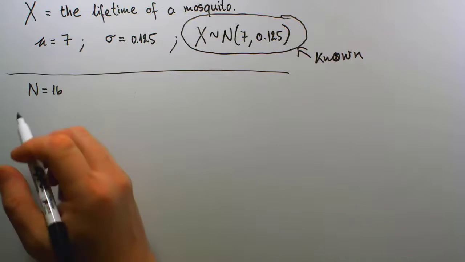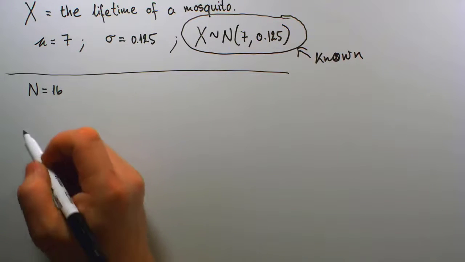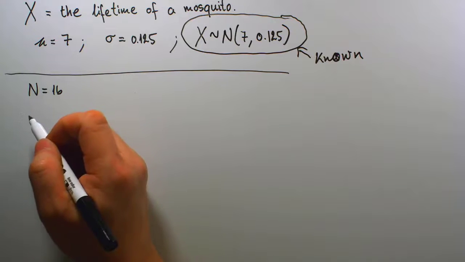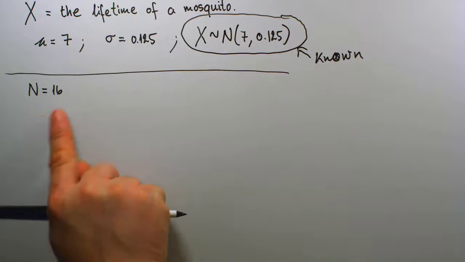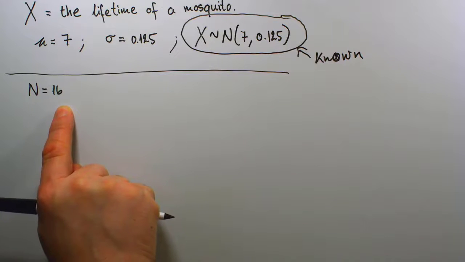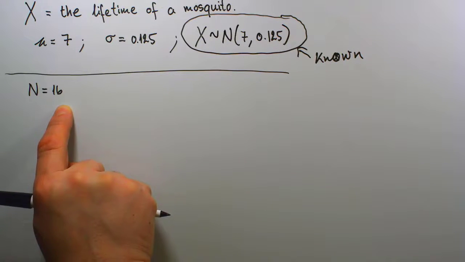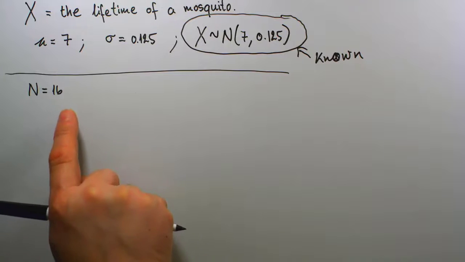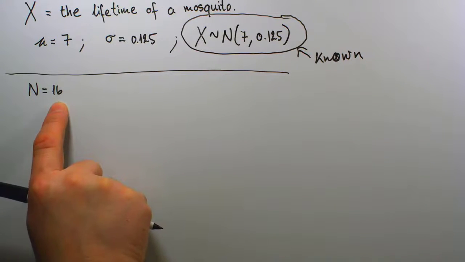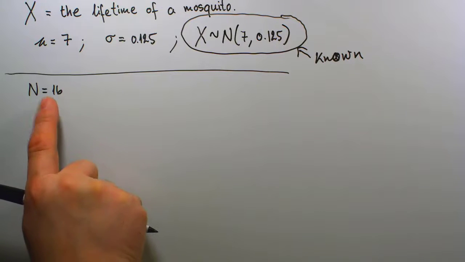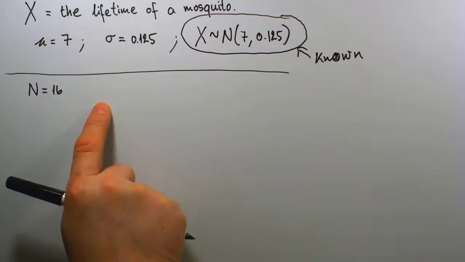We're not simply picking up one mosquito, but a sample of 16 mosquitoes, and our sample will give us a sample mean. But we have to realize that the sample we pick up here is not the only sample. Our sample is only one among infinitely many other samples out there.